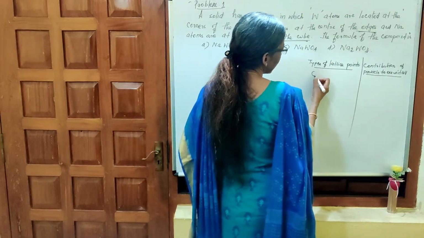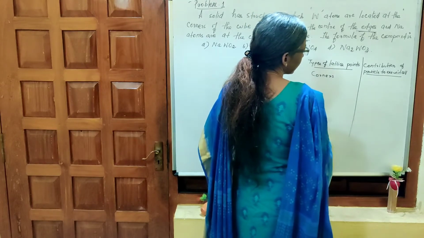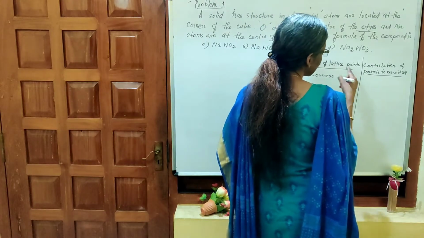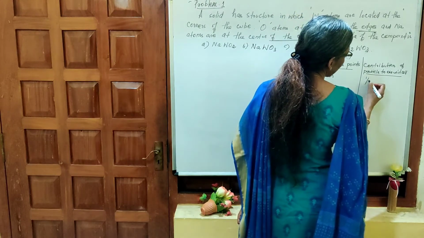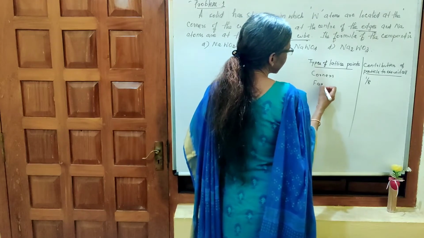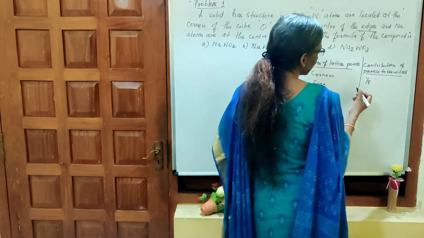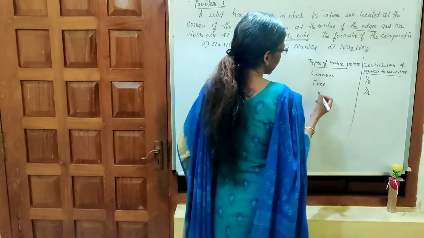So if the lattice points are corners, each lattice point at the corners contributes 1/8 portion. Next one, it is the face, it donates 1/2, half contribution.